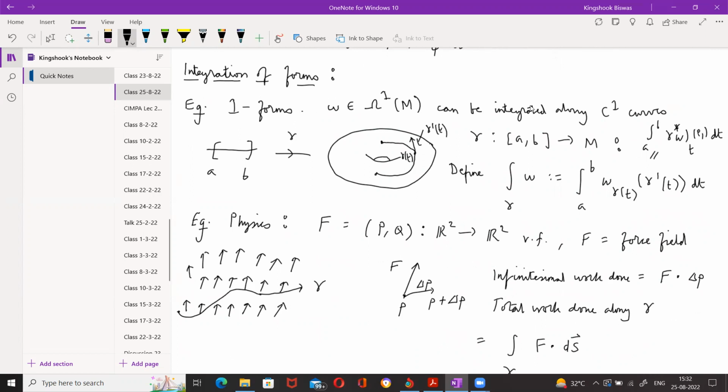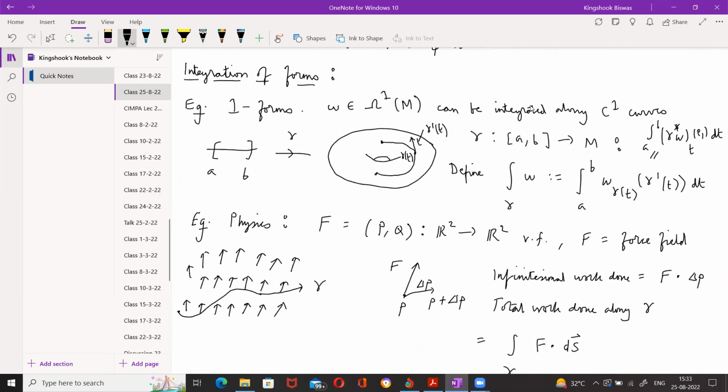Because e1 means the basis vector 1 of R, and d gamma t of e1 is just gamma prime t. So this is the same as this.